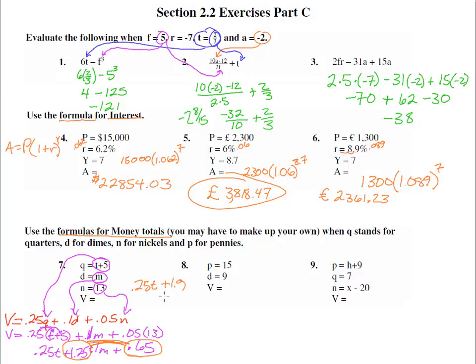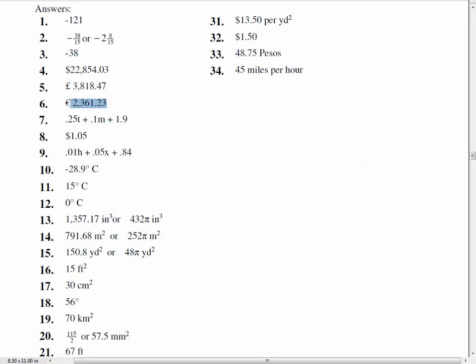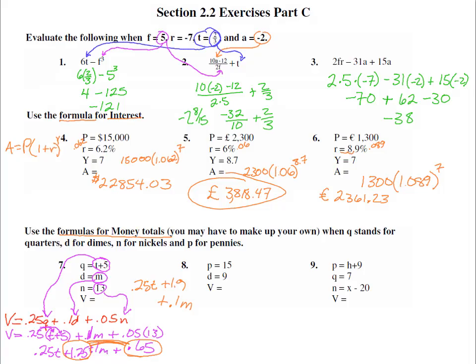And we have the plus 0.1 m. Now we might have mixed these up in a different order, but let's check our answer. That was kind of a tricky one. 0.25t plus 0.1 m plus 1.9 is correct. So when you're given a formula, they may have you stick in variables for other variables, and you can still simplify it as much as you can.